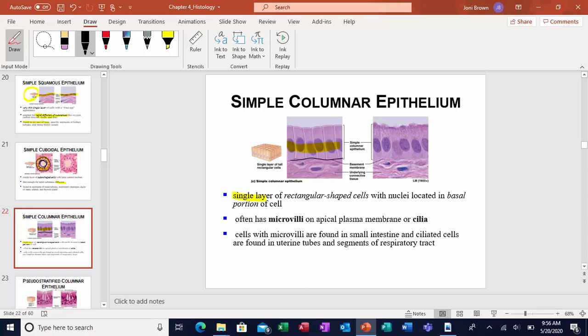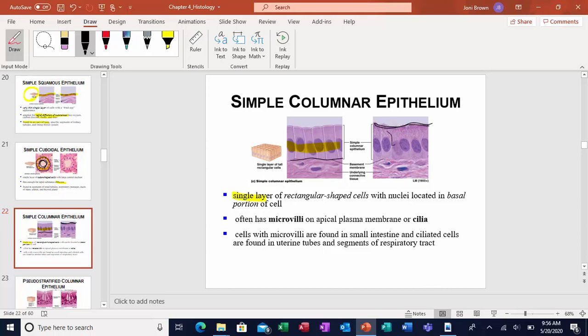A lot of times the cells will have microvilli on the top that you see, and they have cilia on them, and that is to move substances across that apical surface, because you'll find cells in simple columnar that make mucus, and they are called goblet cells.